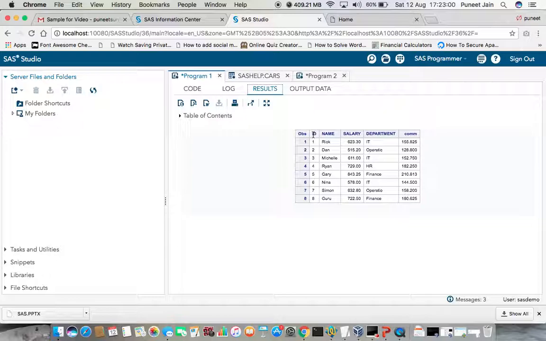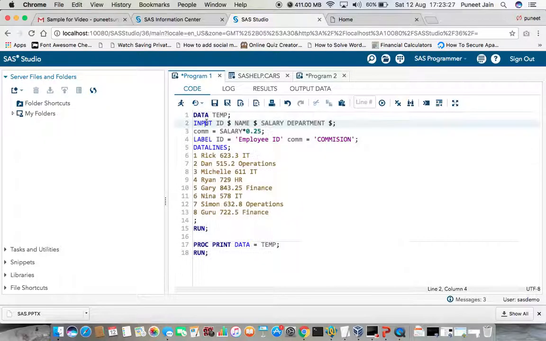We have 1, 2, 3, 4, 5, 6 columns. This OBS is the observation, which is a systematically defined output by SAS. So after every query you run, the results have this observation. So we will not consider this particular column in our data point consideration bracket. Our observation starts from ID, that is the first input we have given.